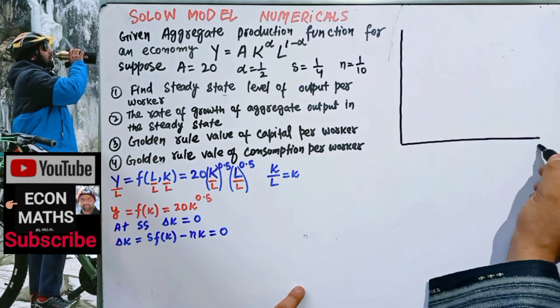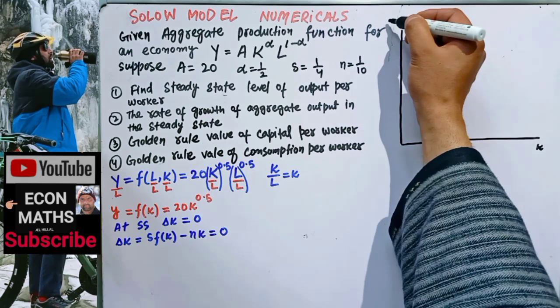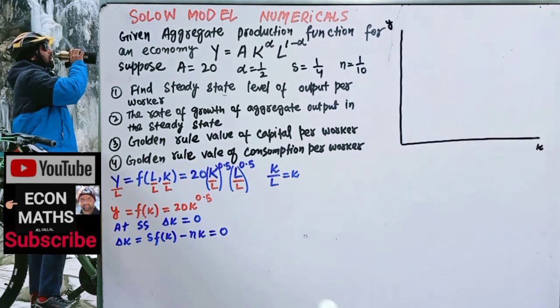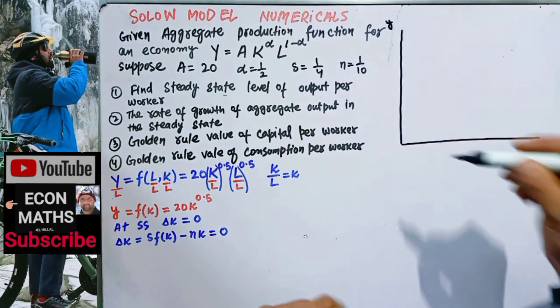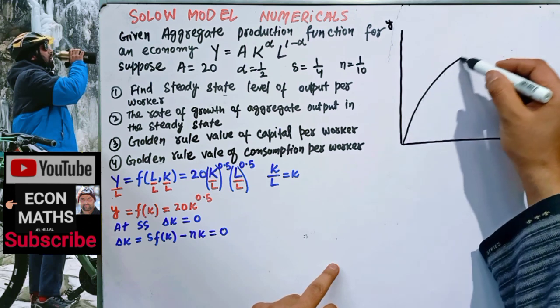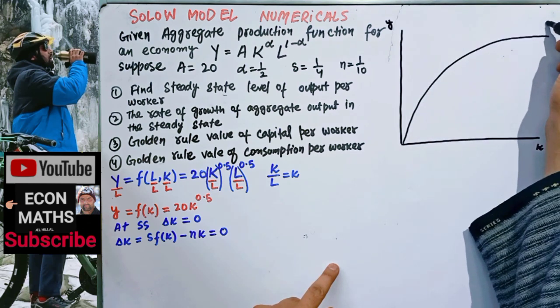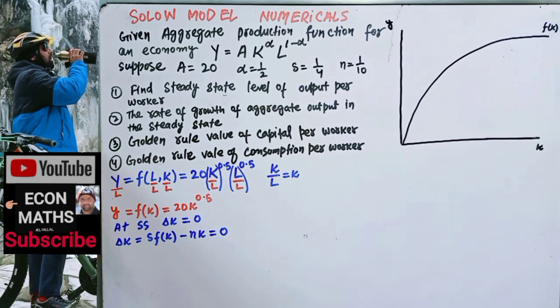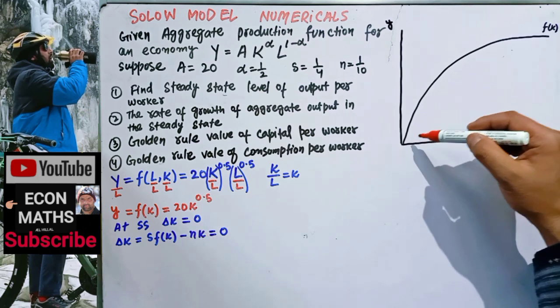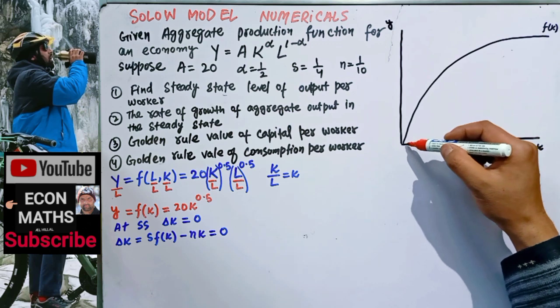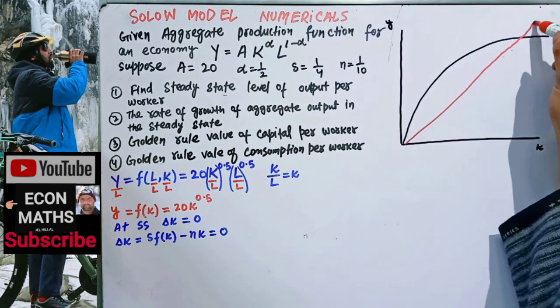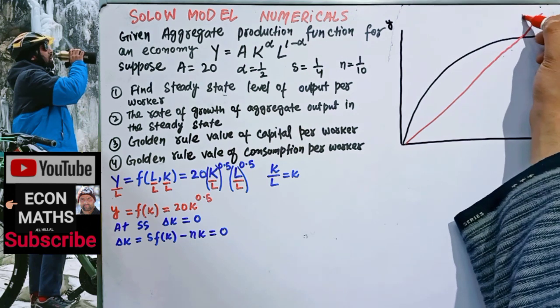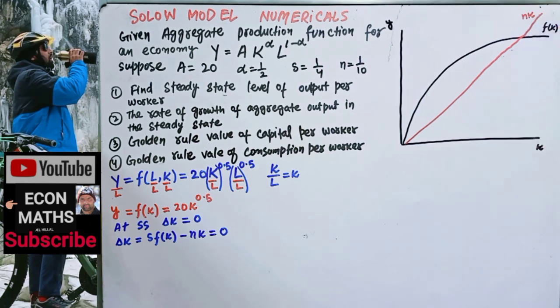So we have here capital per worker or capital labor ratio. On this vertical axis we have output per worker and other stuff. Given this is our F of k, this nk denotes the population growth rate, this is our nk, and this shows our investment.